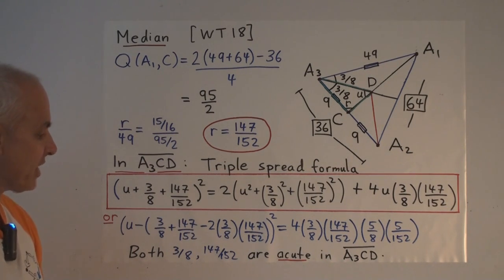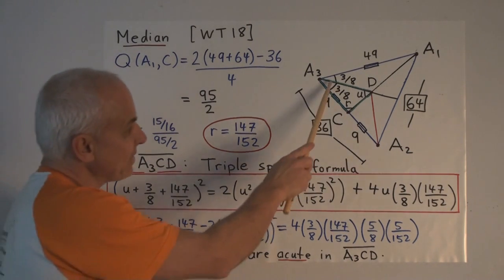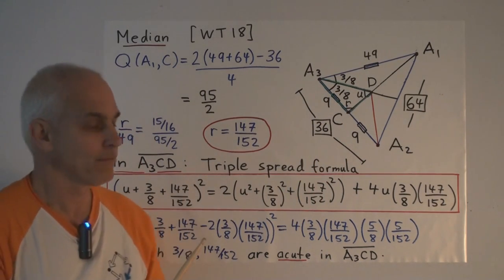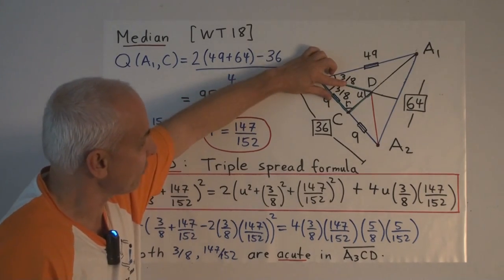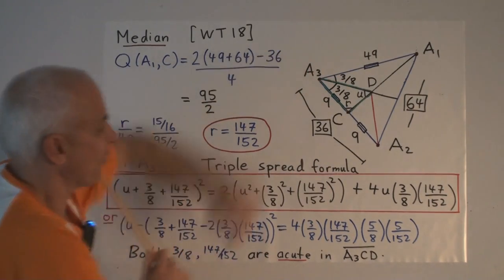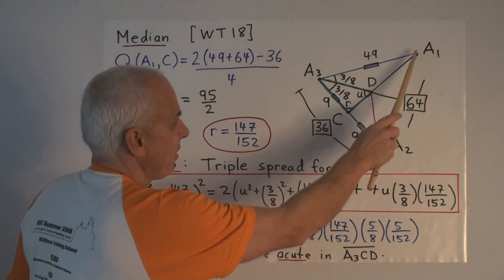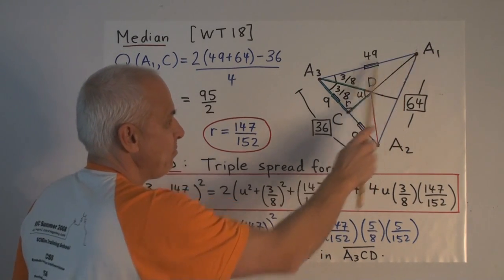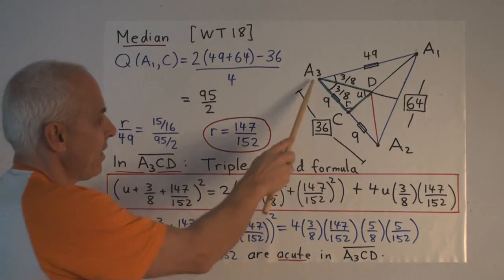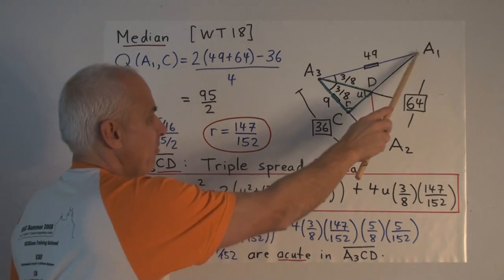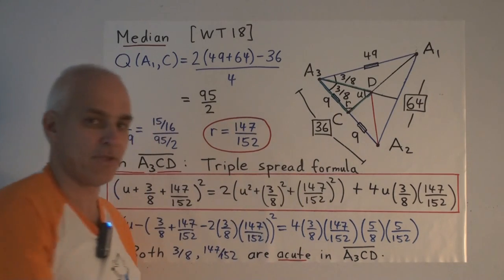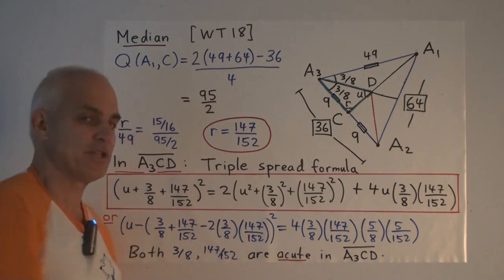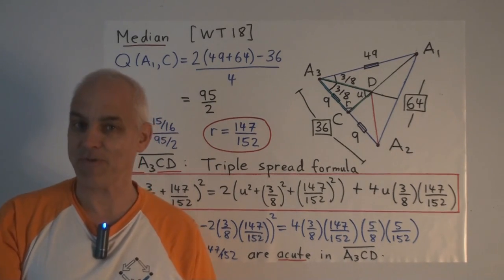And there's going to be two solutions, and we observe that 3/8, this spread and this spread R, are both acute. This one's kind of obviously acute, but this one is acute because in this triangle, this quadrance plus this quadrance is bigger than 49. 9 plus 95 over 2 is bigger than 49, so that's actually an acute sector there. That'll help us figure out which of these two solutions we're going to take of the triple spread formula.